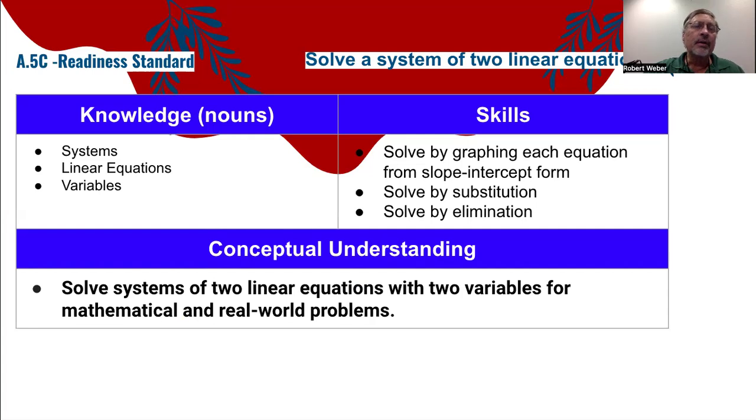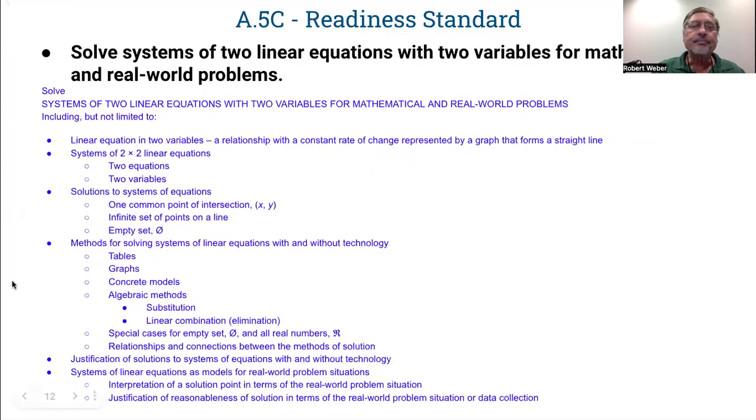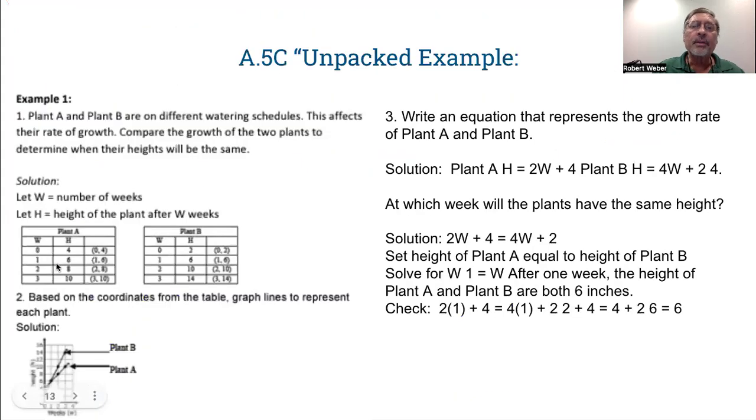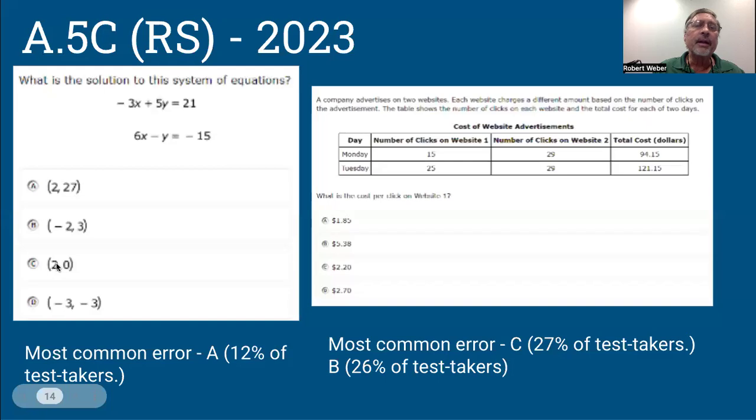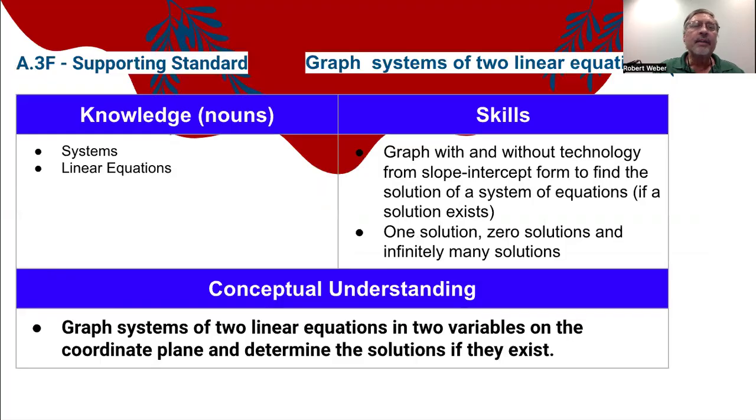So those should all get taught, although I think technically on the STAR assessment you can survive simply by solving by graphing and finding the intersecting point, or if they're parallel lines, no solution, or if they're the same line, of course, multiple solutions or all solutions. So showing you this, some unpacked examples there, some of the most common questions from 2023 for 5C.